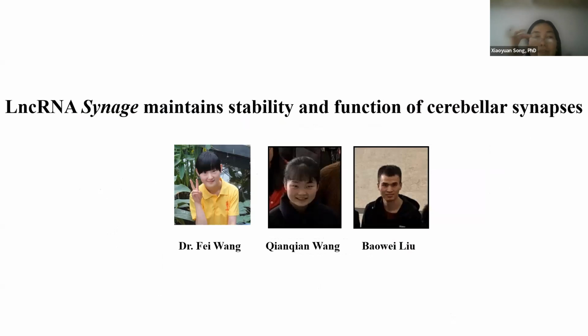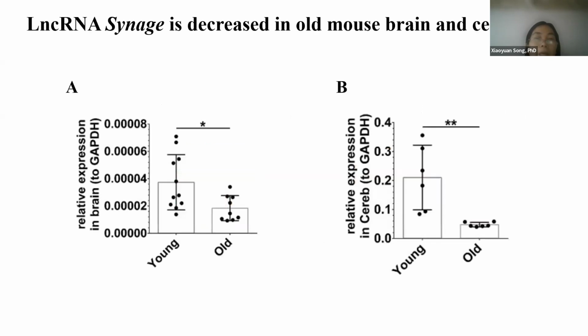I'm going to talk about 3 non-coding RNAs we screened from the RNA-seq. One of these, which I will talk about in detail, is Synage, and I will talk about how Synage maintains the stability and function of the cerebellar synapse. This work was conducted by 3 very talented graduate students, and Wang Fei, who is now a postdoc in my lab.